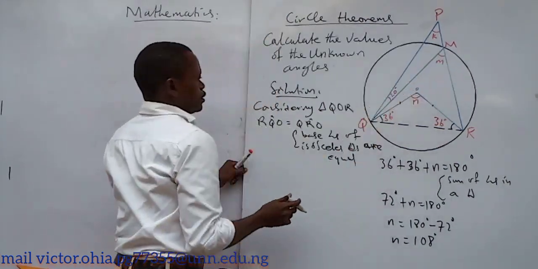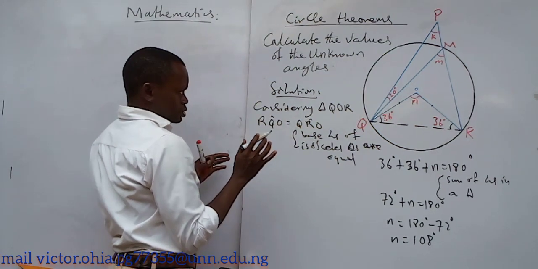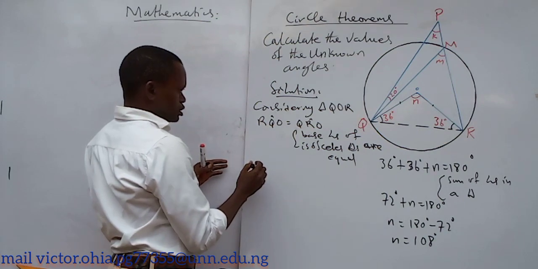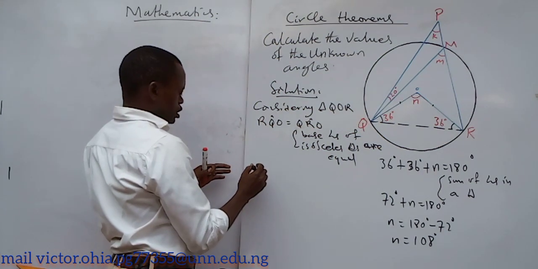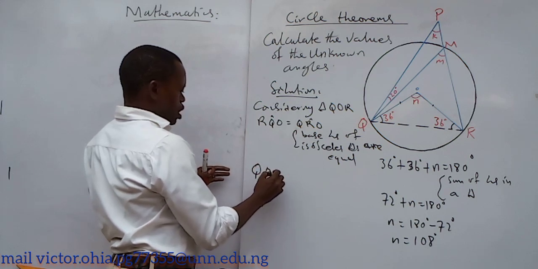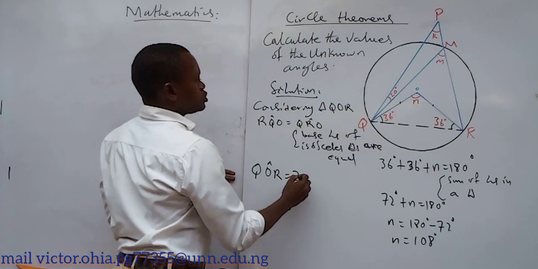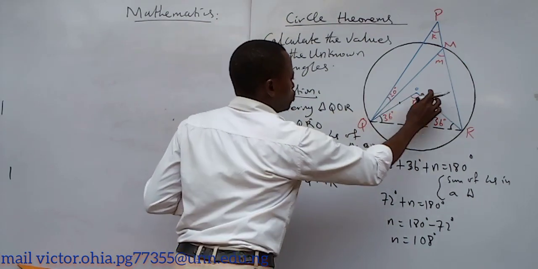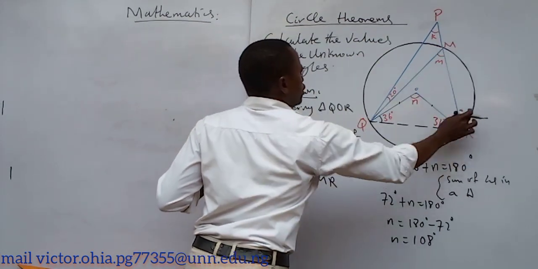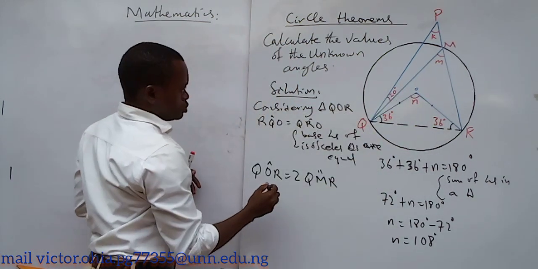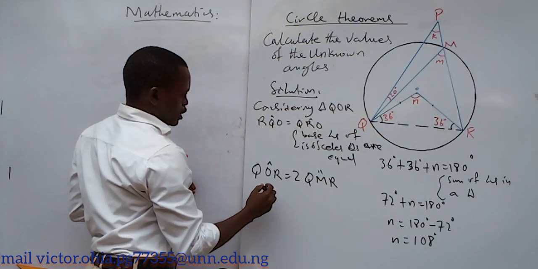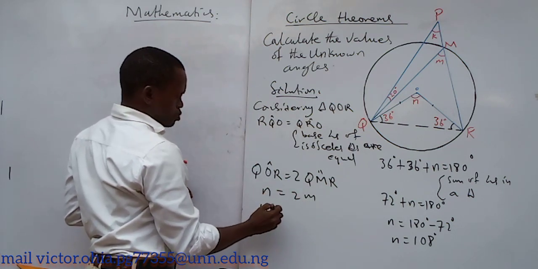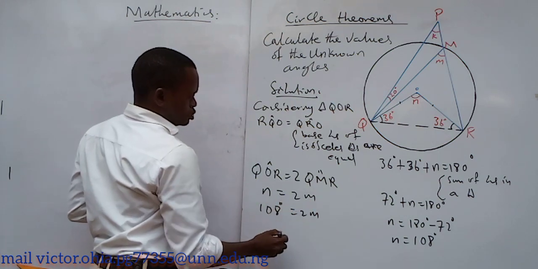Now how do we enter here? We are going to look at another theorem that can help us, and that theorem says the angle at the center of the circle is twice the angle at the circumference. That is to say that angle QOR is equal to 2 times angle QMR. That is, QOR is 2 times QMR, not this one, this one here. So it means that n is equal to 2 times m, and this is 108 degrees equals 2m.